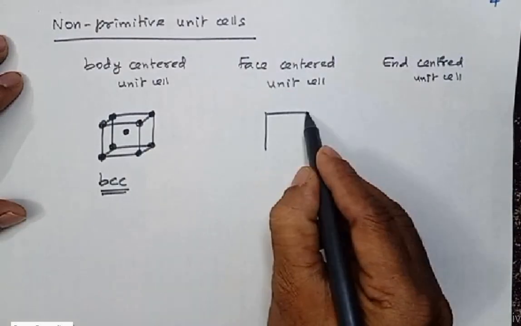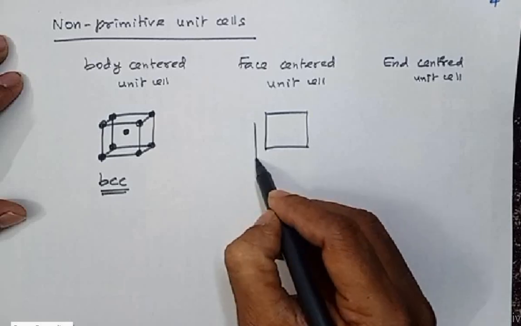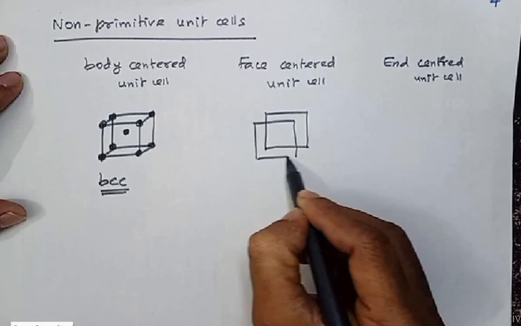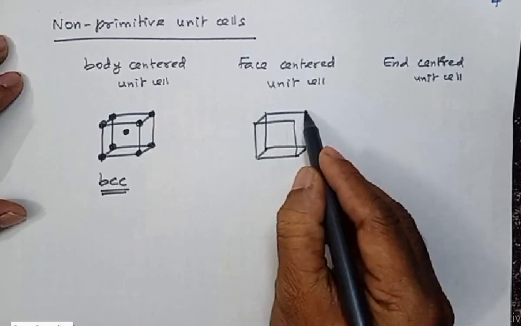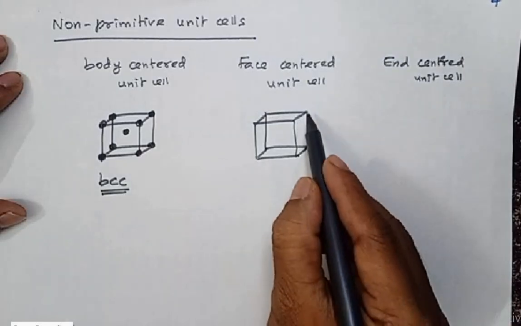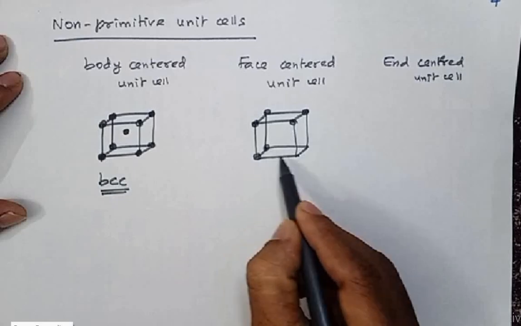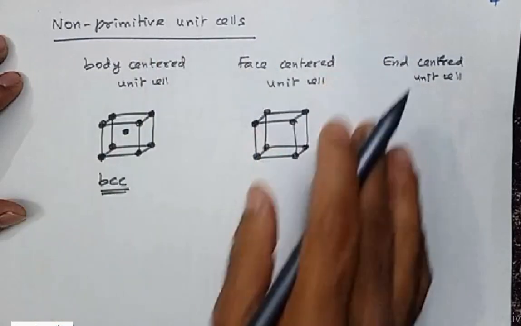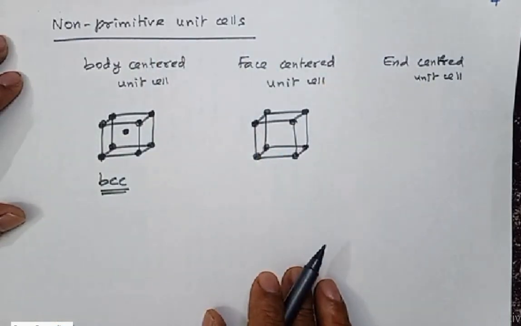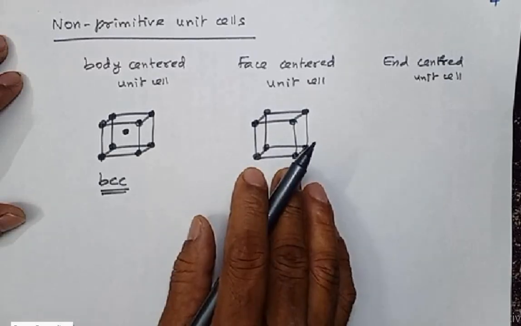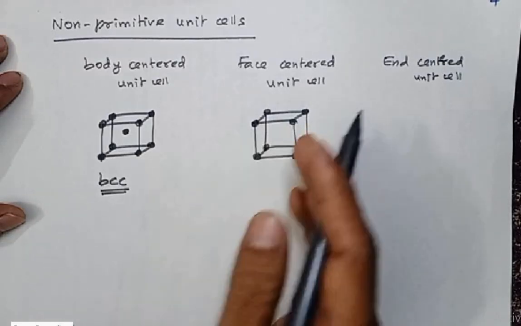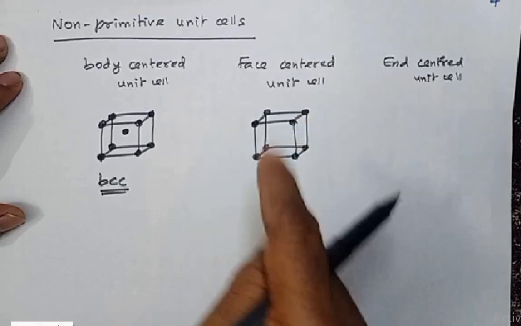Let me take a cube as an example, because it is somewhat easy to draw. Now I'll place the atoms at the corners. Apart from corners, atoms or particles are also present at the face centers. You know very well, a cube has 6 faces.